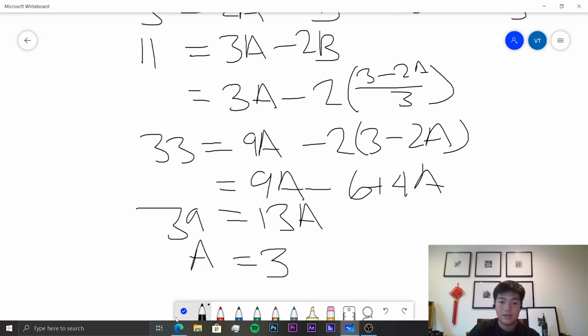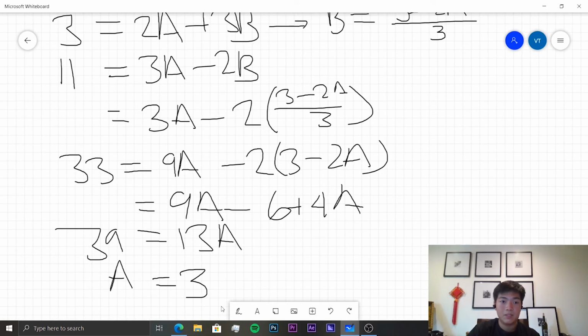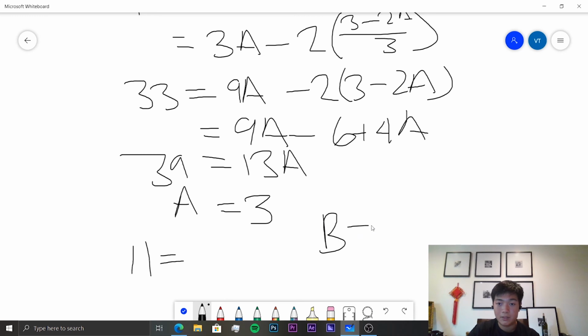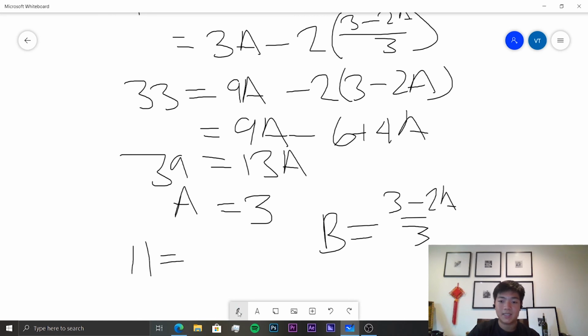So a equals 3, and b is equal to, we'll just put it into 11 equals 3a minus 2b. Actually, no, it's just simpler if we just use this. So b is equal to 3 minus 2a over 3. 3 minus 2 times 3 is 6.